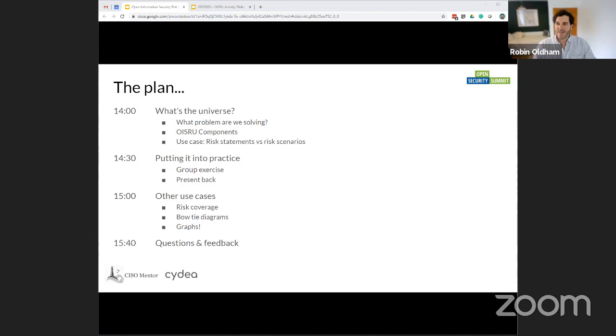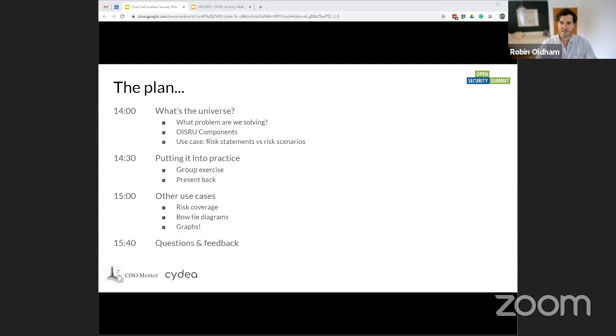And vaguely the plan then, we've got quite a long session. The Open Security Summit affords us quite a lot of time. You're not trying to cram everything into a 20-minute or a 45-minute or an hour-long presentation. So we've got a couple of hours this afternoon, broadly two halves. In the first half, we're going to talk you through the universe, what's the problem we're solving, what are the components, and take you through one of the use cases.